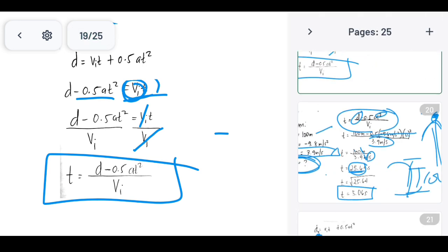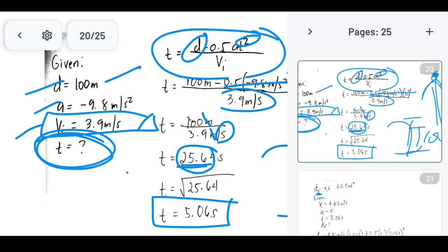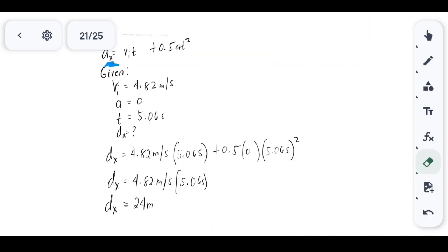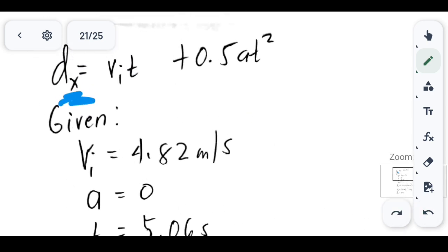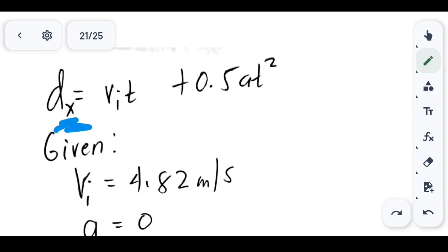But here in the x component, look, where is that? Here, this one. What is being asked is, if this is the cliff, how far from the edge of the cliff did the rock fall. So, that is a horizontal or x component aspect. And on that note, you have to use this equation. D sub x, since what is asked is distance, you no longer need to derive. Equals initial velocity multiplied by time plus 0.5at squared.